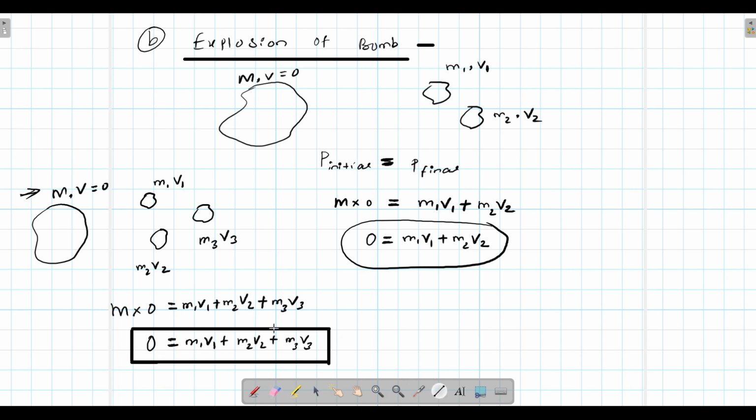If it explodes into n number of pieces, that is explosion of bomb.